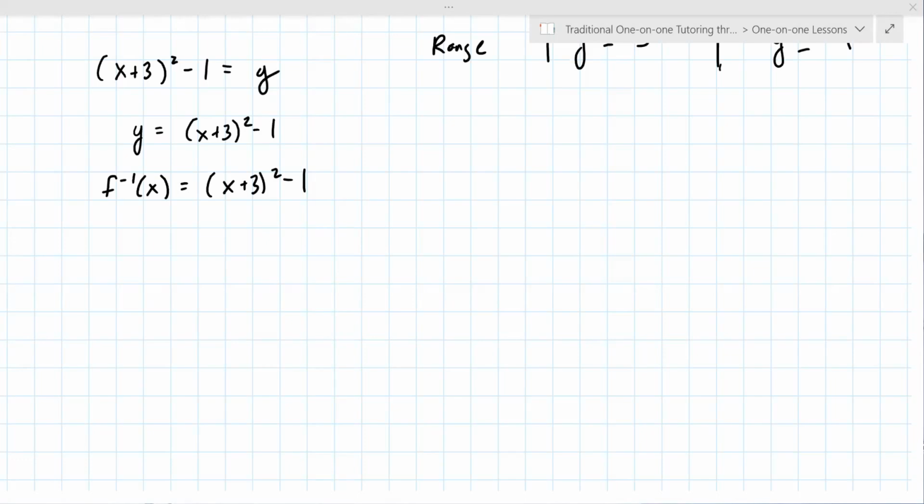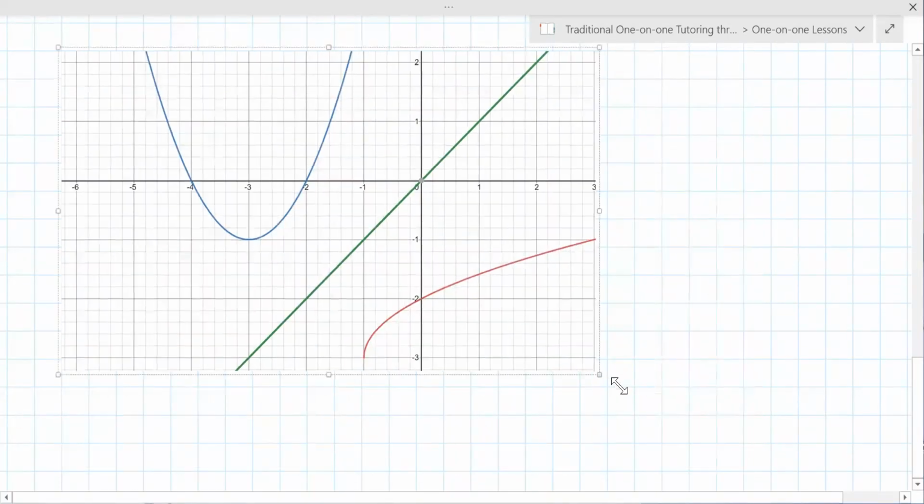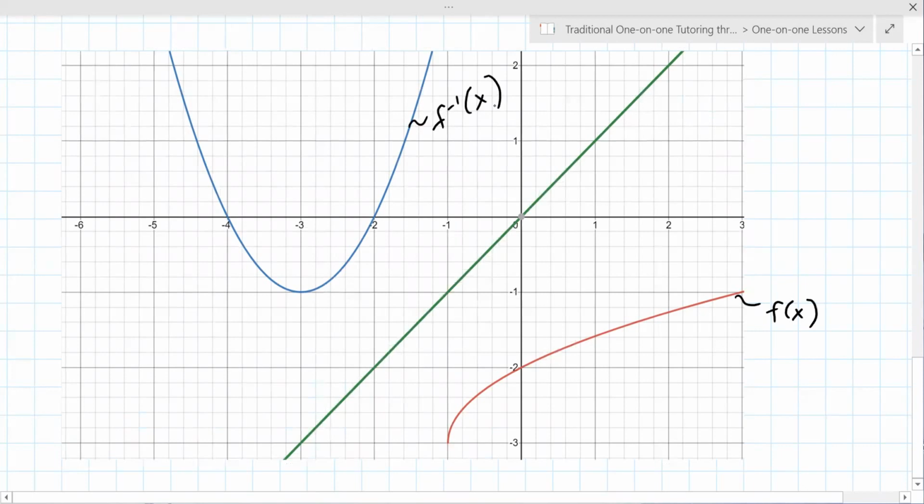Let me snip this in and then ask you some questions. Hopefully this is not the first time you're seeing this. The red over here is your original function, your f of x, and your blue is your f inverse of x. And then this green line is the line y equals x.